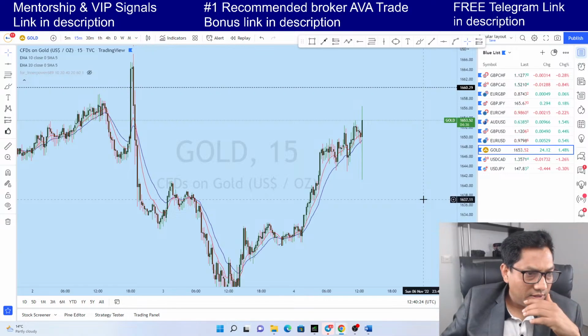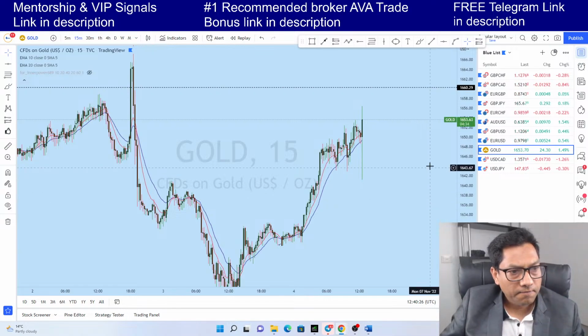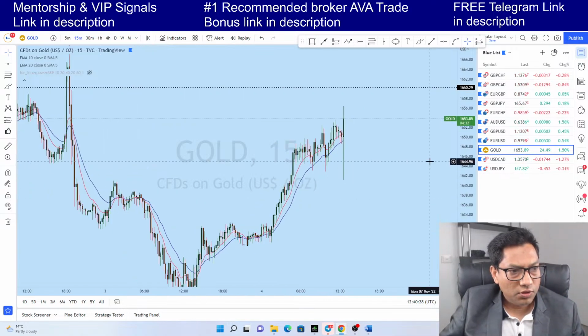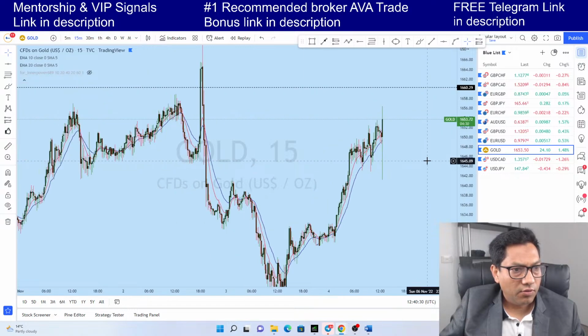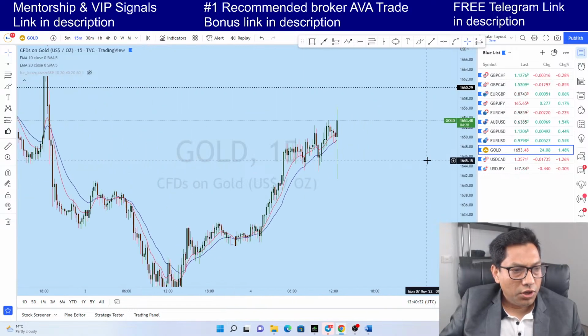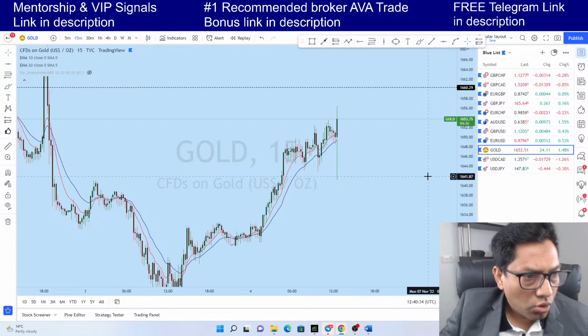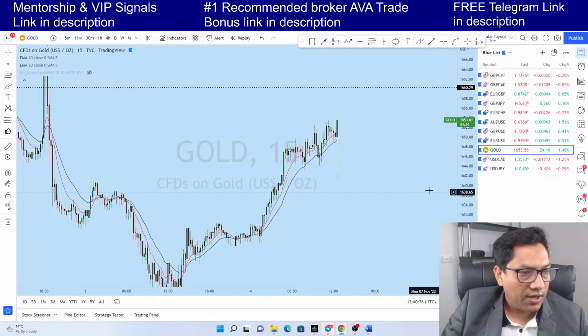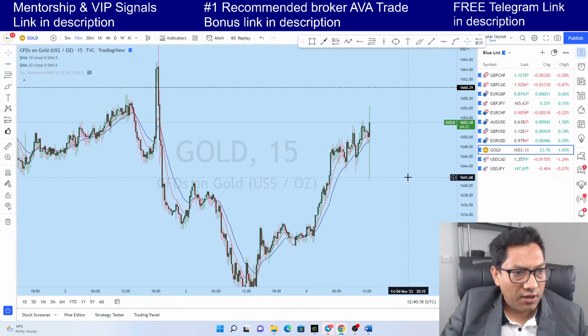I still think the dollar is going to be stronger. Let's see which way the market is doing, and then we'll find out. But we need to wait for the candle to be closed so we know exactly what is happening.